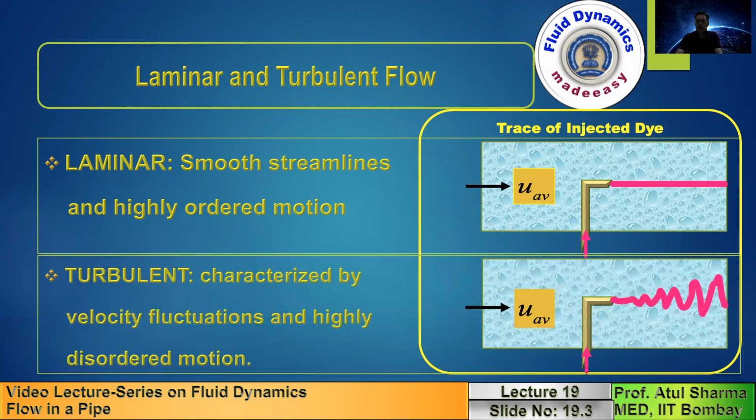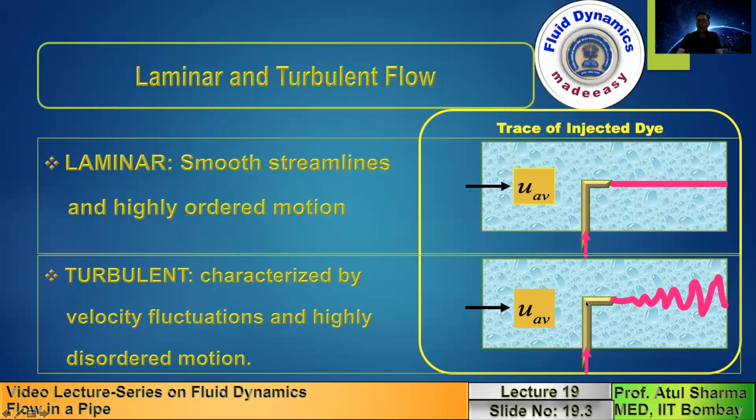Whereas in a turbulent flow, this is a problem corresponding to a horizontal flow where the velocity is large enough. When you keep increasing the inlet velocities, then flow transits from the laminar flow to a turbulent flow.